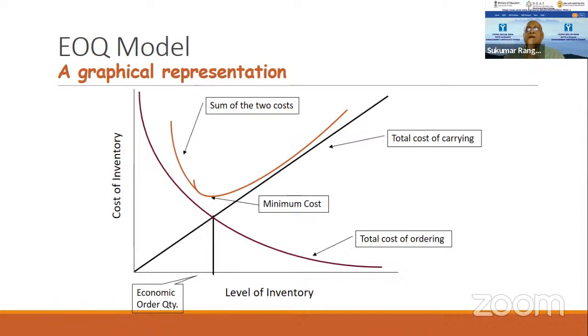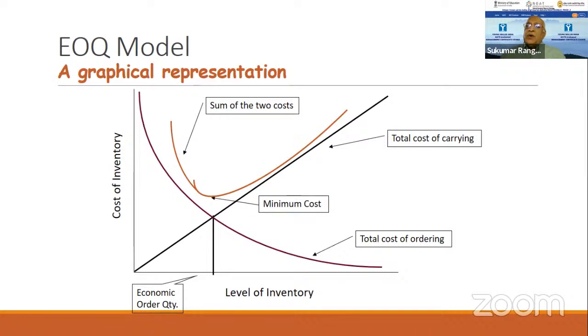Now, let us assume that even after calculating the economic order quantity, you may have other variables. For some components, you can't order 89, you have to order multiples of 100. That is the condition imposed by the seller.